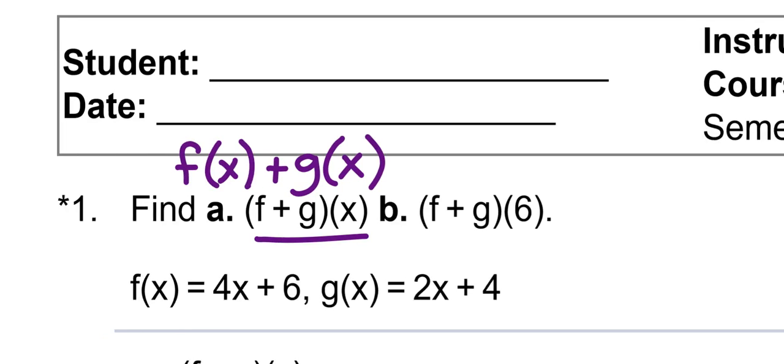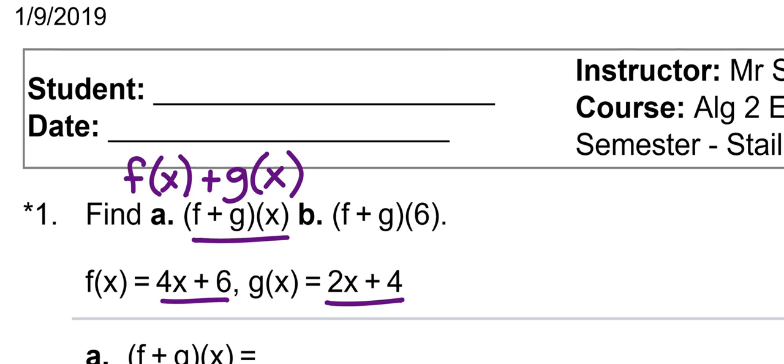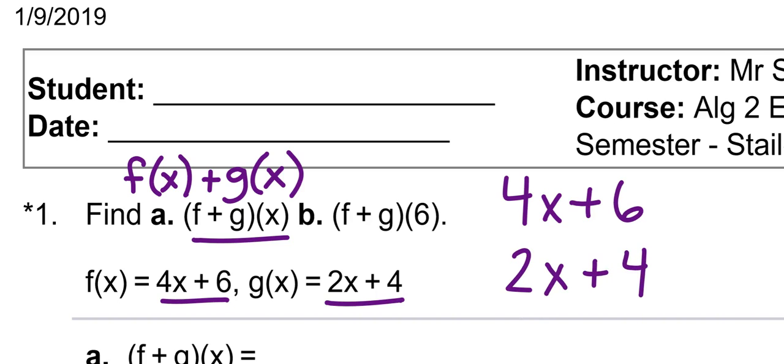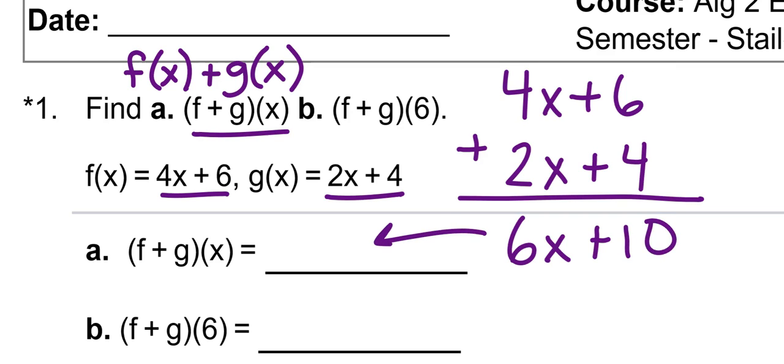So if you're asking me to add 4x plus 6 and 2x plus 4, I would really like it if you would line them up in like columns. Because I have a feeling you'll get the answer right. What do you get? 6x plus 10. It really is that easy.